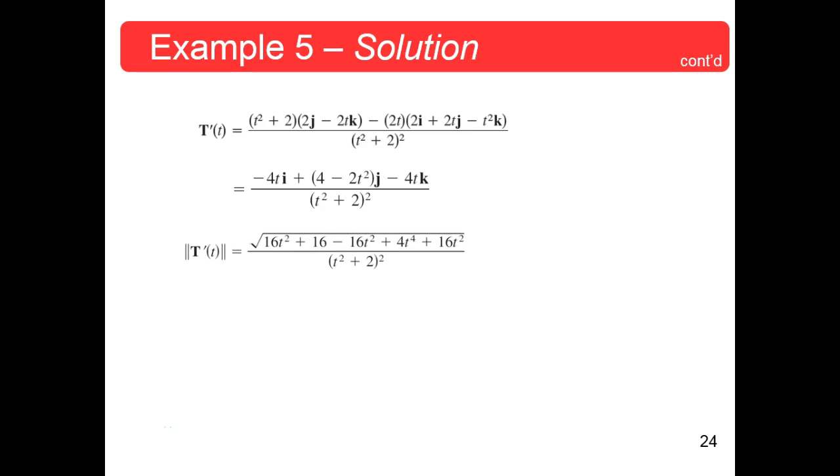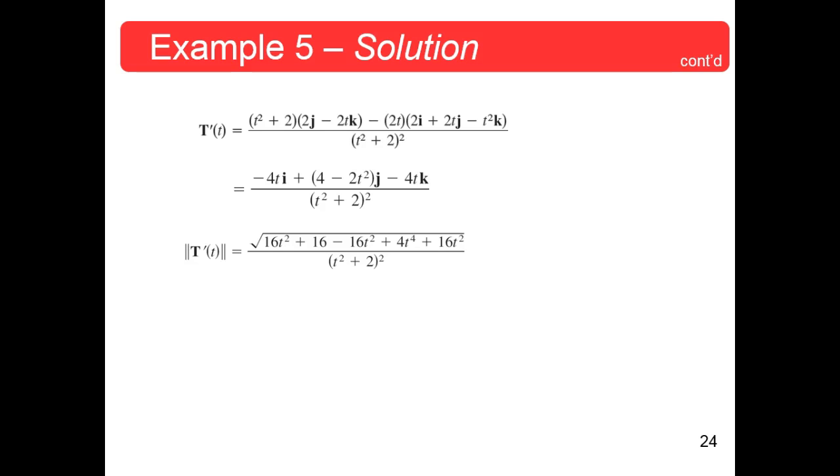The magnitude of that is then going to be that numerator under a square root, squaring the components and adding them together. And for some reason, I've suddenly gotten very cold. But that's what we did.